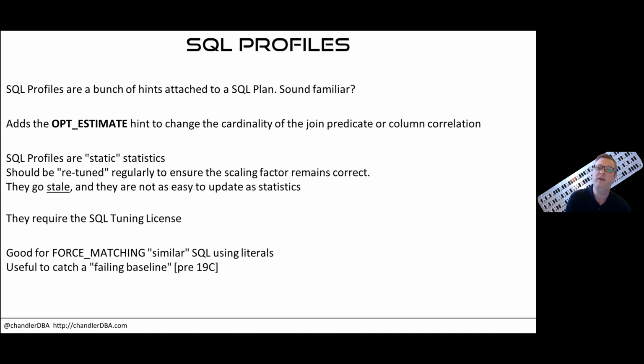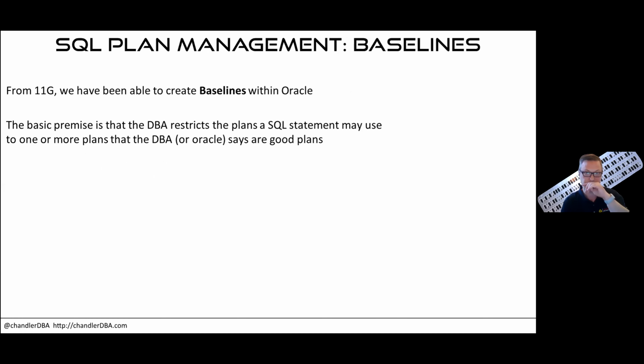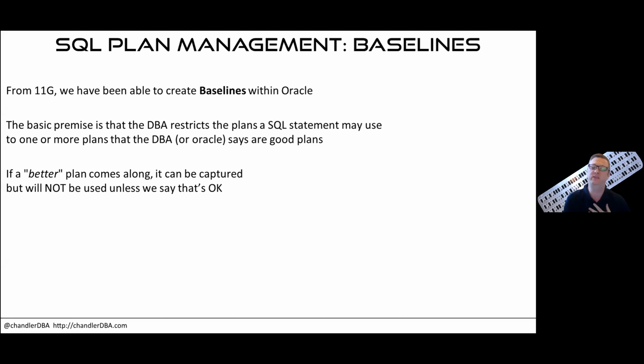Where they do win is if you're using a lot of SQL literals and are trying to do force matching. And they can also be useful for catching a failing baseline. Because from 11, we've been able to create baselines within Oracle. The basic premise is that a DBA can restrict a SQL statement to one or more plans that we say is good.